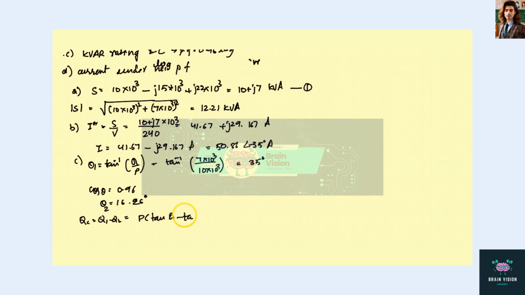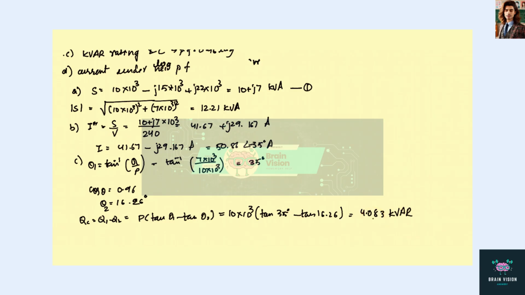Now calculating the reduction in the reactive power, Q1 minus Q2, which equals P times (tan theta 1 minus tan theta 2), equals 10 into 10 raised to the power 3 into (tan of 35 degrees minus tan of 16.26 degrees), and the value for the reactive power is 4.083 kilo VAR.